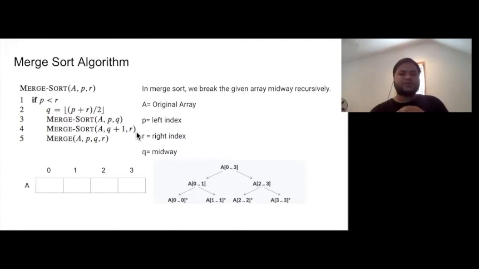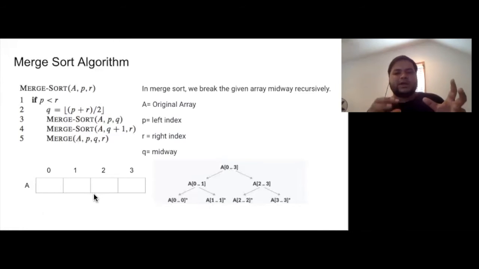For example, we have an array of length 4. That means the indices will be 0, 1, 2, 3. If we want to divide that problem, we will have to divide it in the midway.